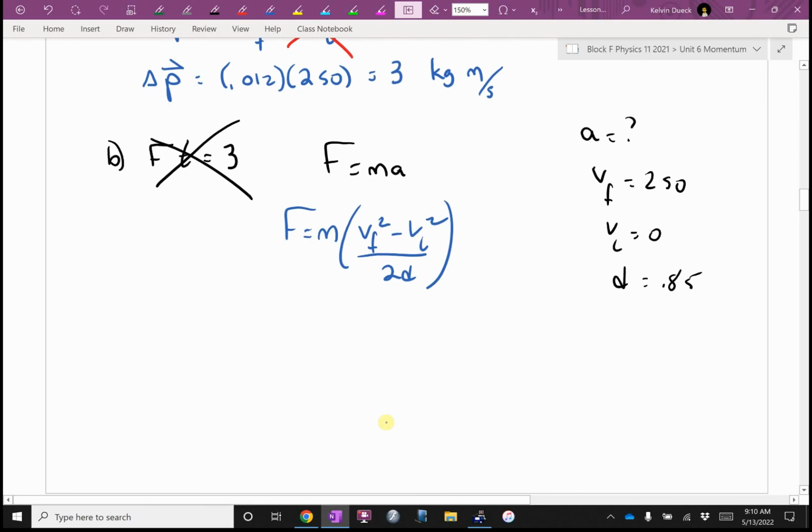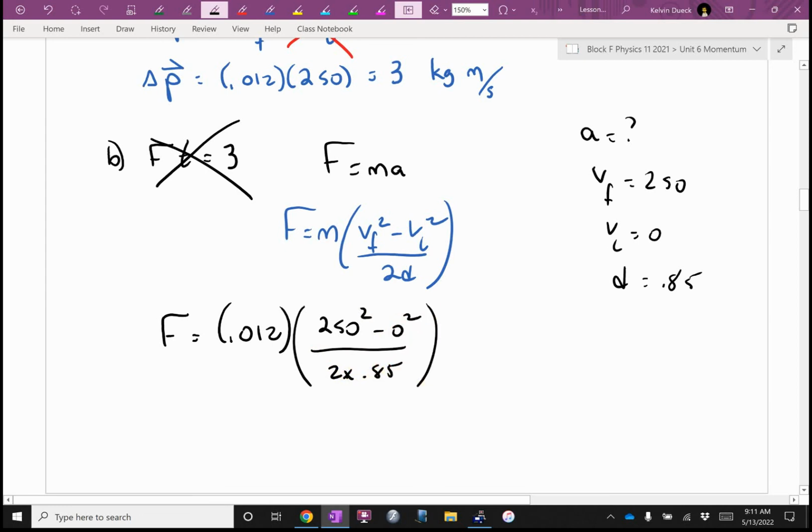That's F equals MA, also in disguise, yes? M, 0.012. A, 250 squared minus 0 squared all over 2 times 0.85. I think I'd do it that way rather than use impulse.